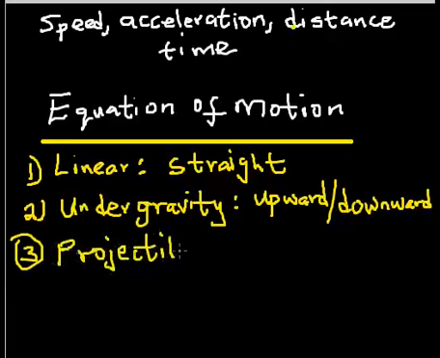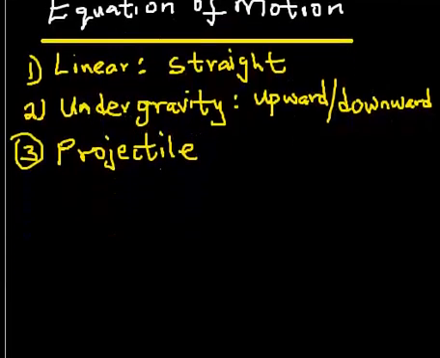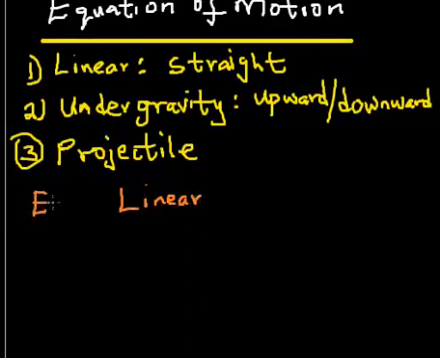The way we use the equation depends on the motion: linear, under gravity, or a projectile. We're going to look at the very first one, which is linear motion, so we are going to be looking at the equation of linear motion.